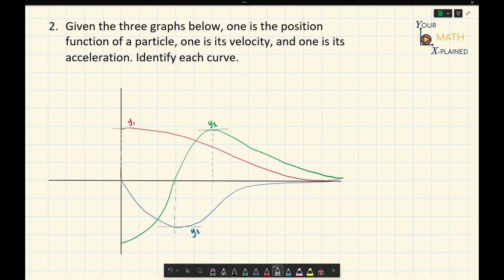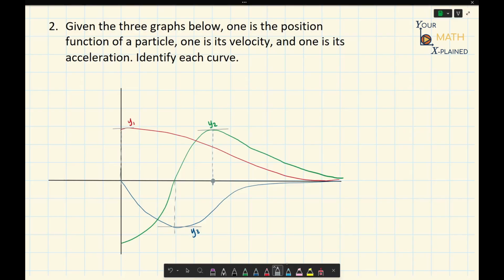So now the reason I do that is because if I look at y2, y2 has a horizontal slope at this x value, which tells me that the derivative of y2 must equal 0 right over here. But neither the red nor the blue graph crosses 0 there. So that tells me that neither y1 nor y3 are the derivative of y2.